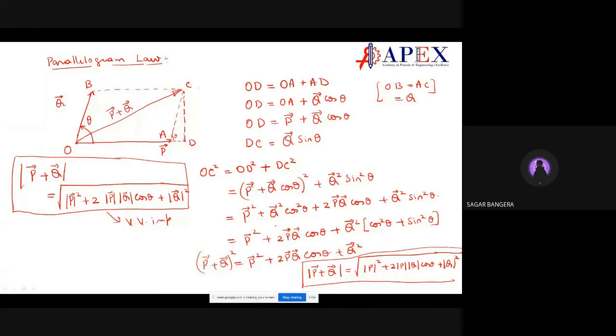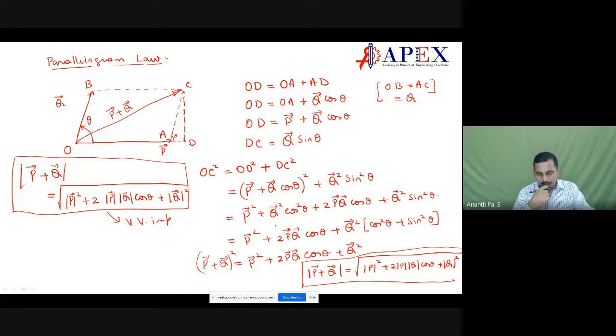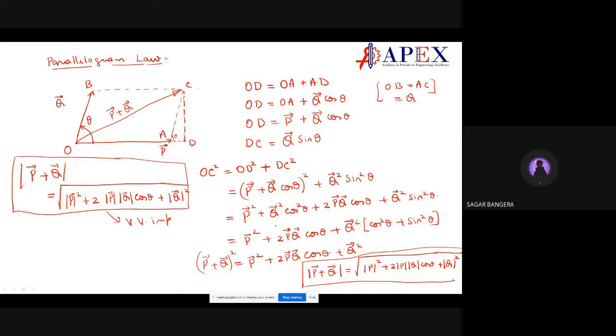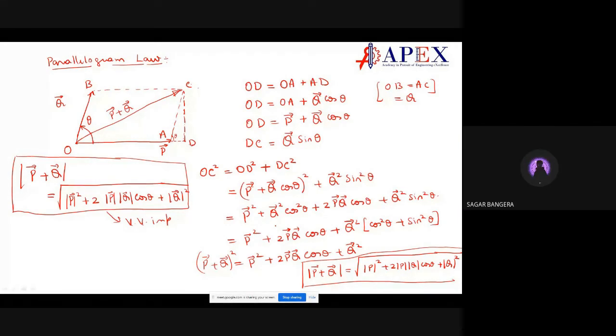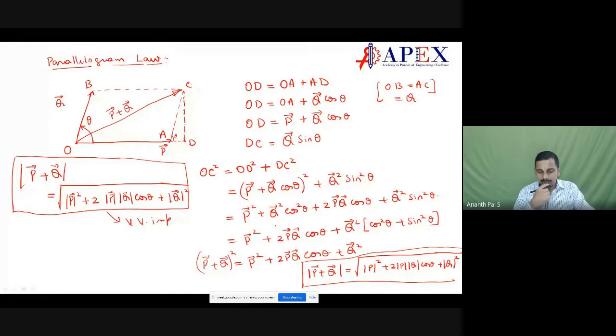Sir, one doubt. Yes, please. You told that the diagonal gives the resultant, sir. Correct. How can you say it gives the resultant? Okay, you're asking why the diagonal gives the resultant. Then we have to do a force balance and see.